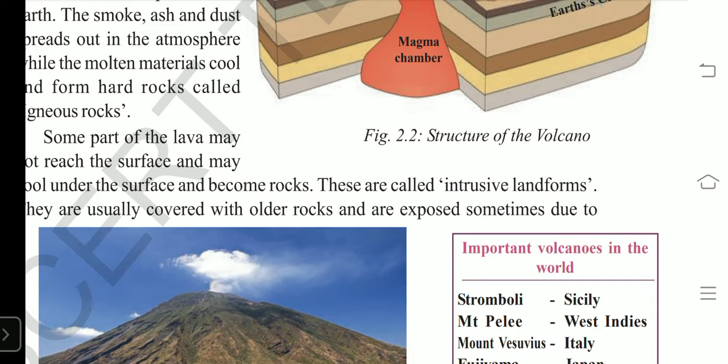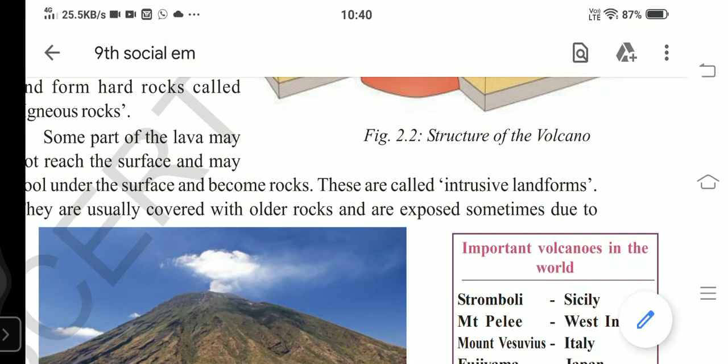Understand? Landforms formed under the earth crust are called intrusive landforms. The lava is not able to reach the earth's surface, so the lava under the earth crust turns cold, and rocks are formed.